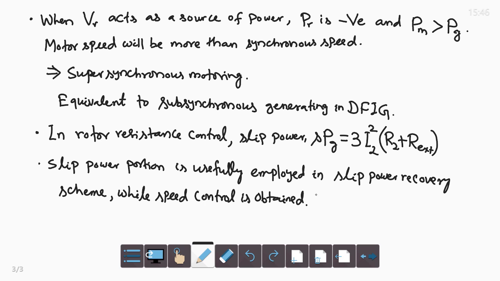So, efficiency is better, the efficiency of the slip power recovery scheme is better and it is the maximum.